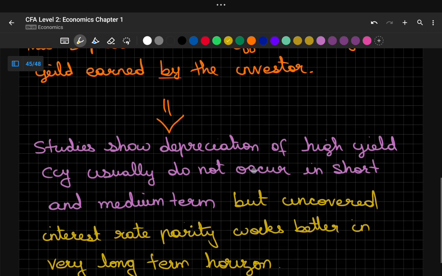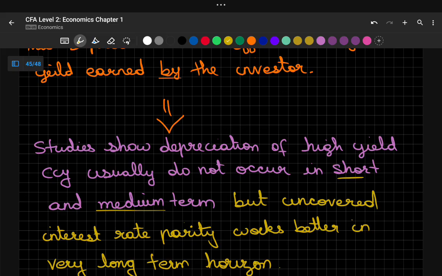It is because if this condition holds true in short term and medium term, it means that an investor is not going to make any profit by investing in other currencies based on the interest rate of that country.